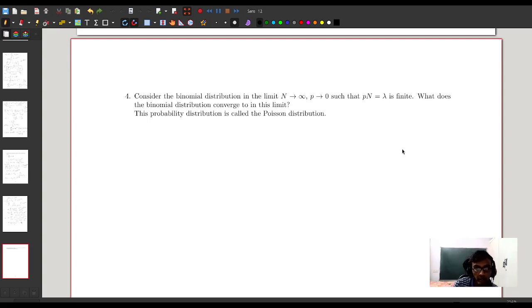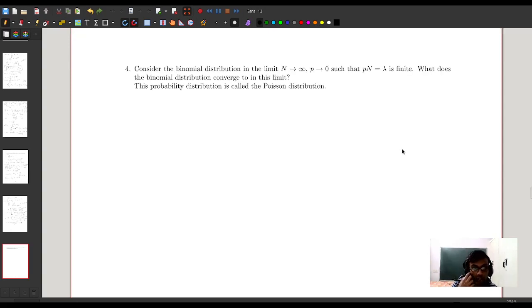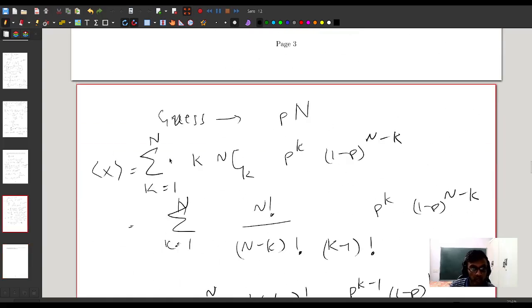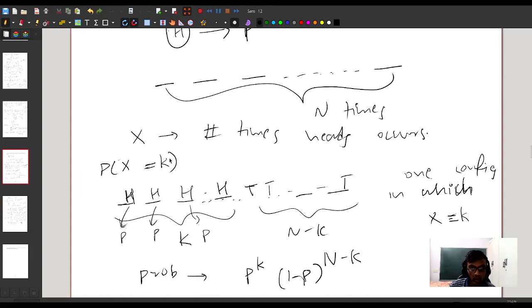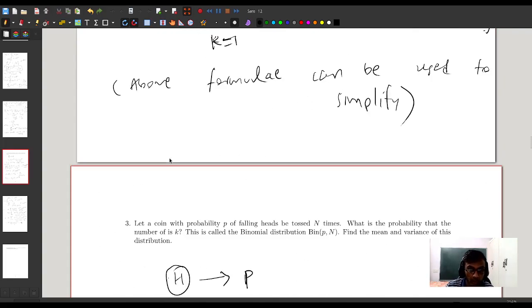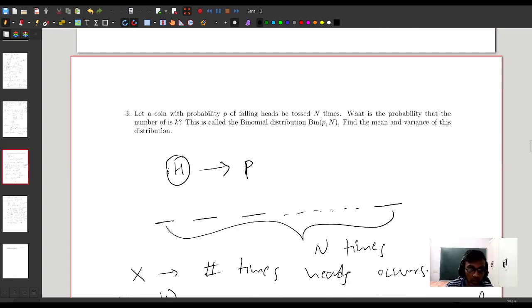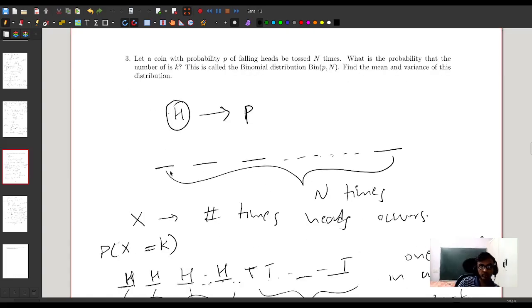So let's look at a particular limit of this binomial distribution. This binomial distribution models an event that can take two possible outcomes happening many times.